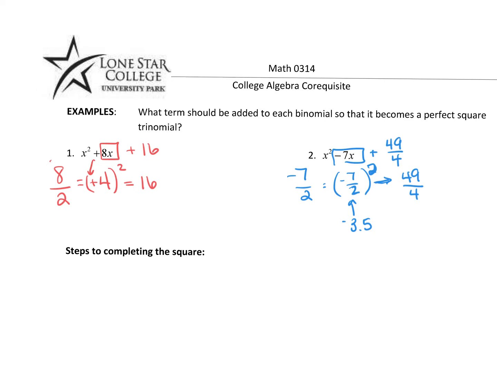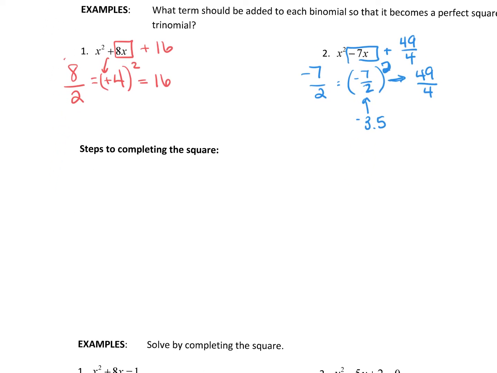So now that we can do this part, we can go to the further process of completing the square. And in order to complete the square, here are the steps we're going to follow. Your first step is to make sure that the leading coefficient, and when I say leading coefficient, that is the number in front of x squared, needs to be 1.